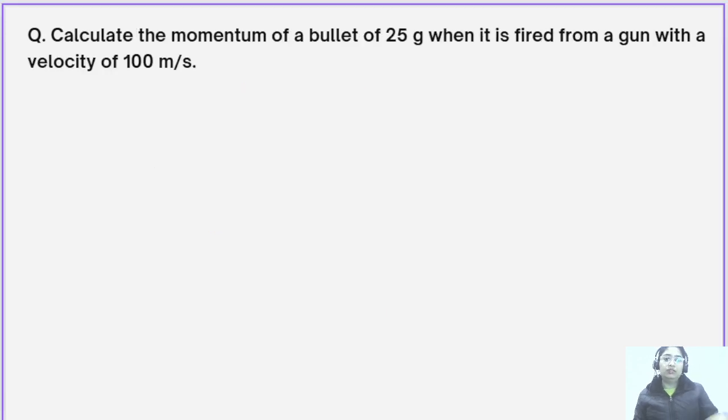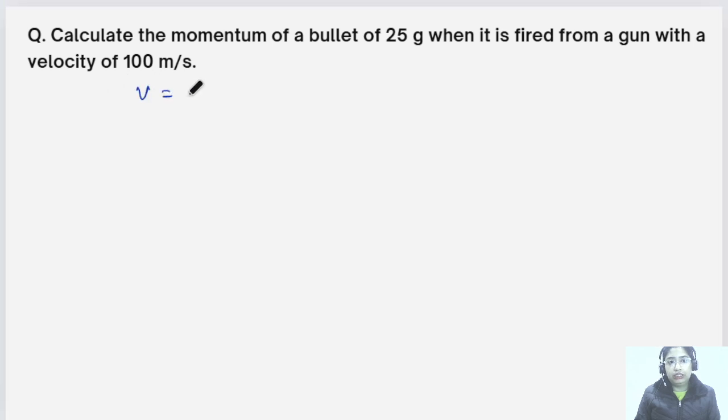Calculate the momentum of a bullet of 25 grams when it is fired from a gun with a velocity of 100 meters per second. Again, here you can see velocity is given as 100 meters per second. Mass is given in grams. So what you have to do now? Convert it to kg.